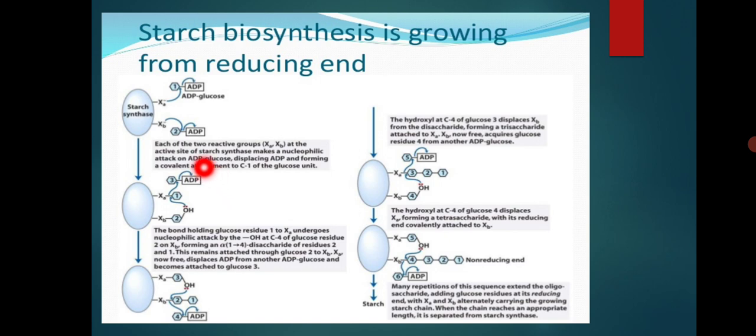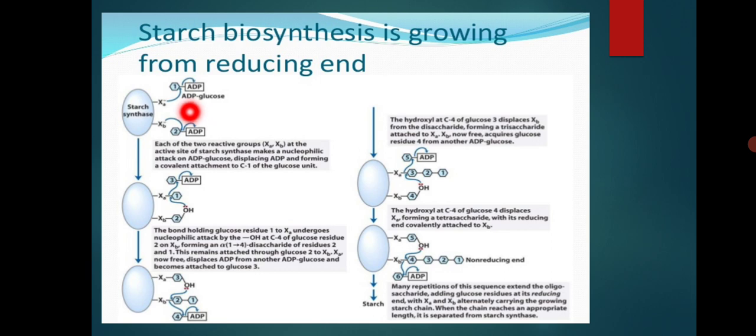As I told, it begins from the precursor called ADP glucose. So it begins from this ADP glucose, and this is the starch synthase enzyme. Okay, ये जो है it is the starch synthase enzyme. So it requires mainly two components. First is the enzyme, that is starch synthase, and second is the precursor called ADP glucose.